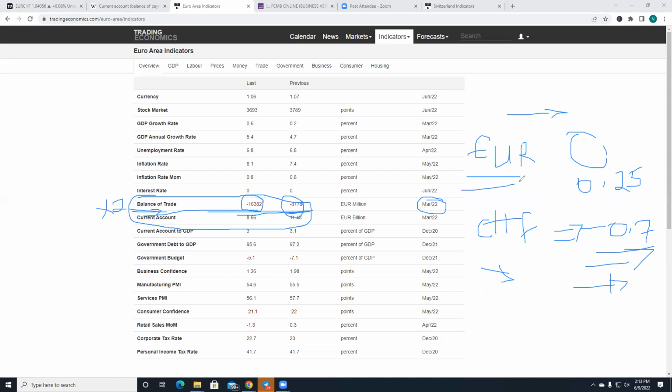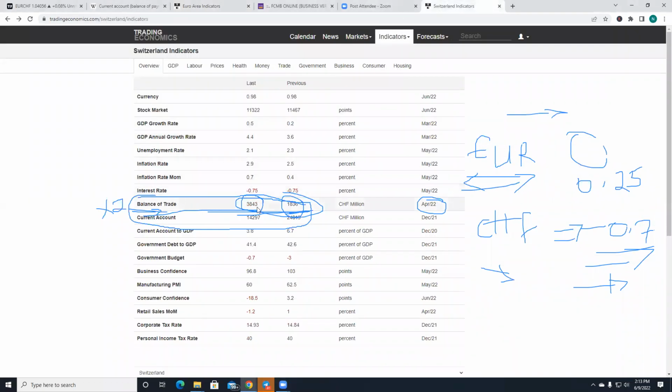Ordinarily, we should prefer euro to CHF. But based on this fundamental balance of trade that I've showed you here, can you see? This is euro, very bad, extremely bad in the red, guys. And then when you compare it to Switzerland here, this euro area, Switzerland here. Can you see? Very positive, almost double here.